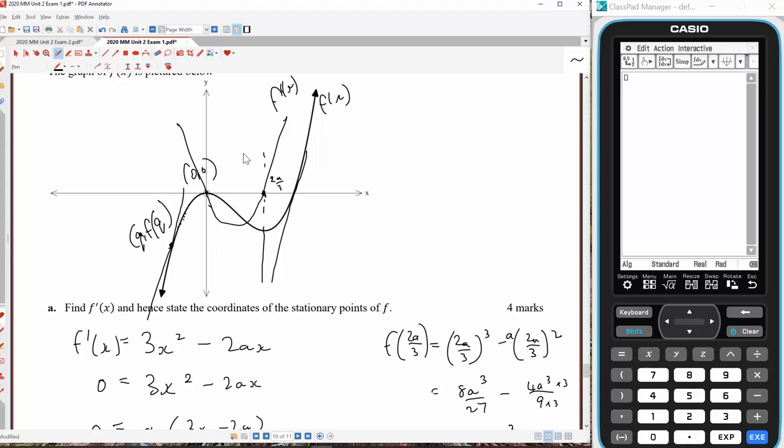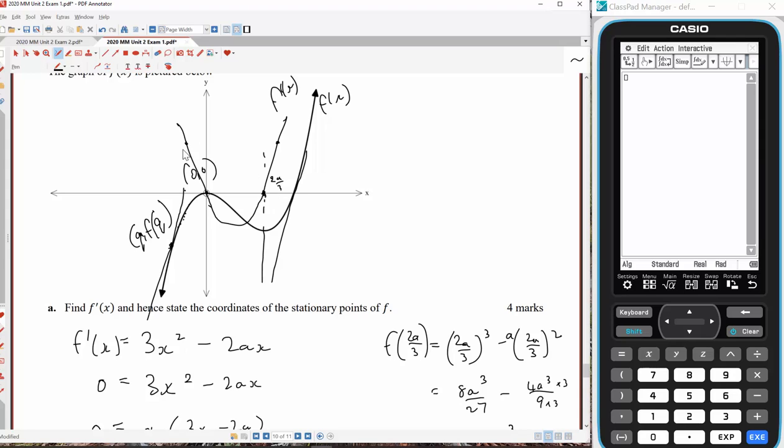Now, the reason we got you to draw the f dash x function is that this is the gradient function, and this is basically saying that we can produce these two gradients here, these f dash x values, when x is equal to this and x is equal to this.